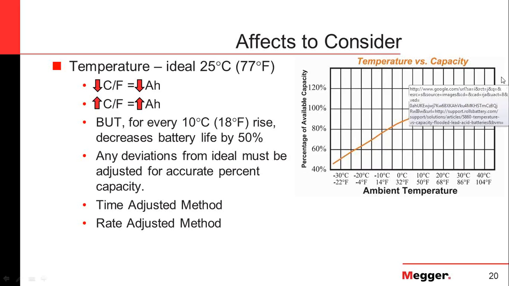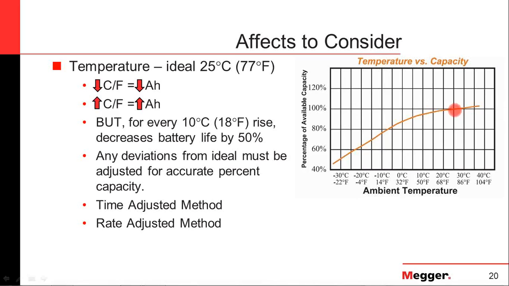So there's a graph here that shows exactly that, where at 25 degrees C, I'm at 100% rated capacity, but as I drop in temperature, my capacity goes down. Whereas if I go up in temperature, my capacity or my amp hour rating goes up. So one might think, well, if 77 degrees is good at 100%, maybe I can go to 30 degrees and get 105%.